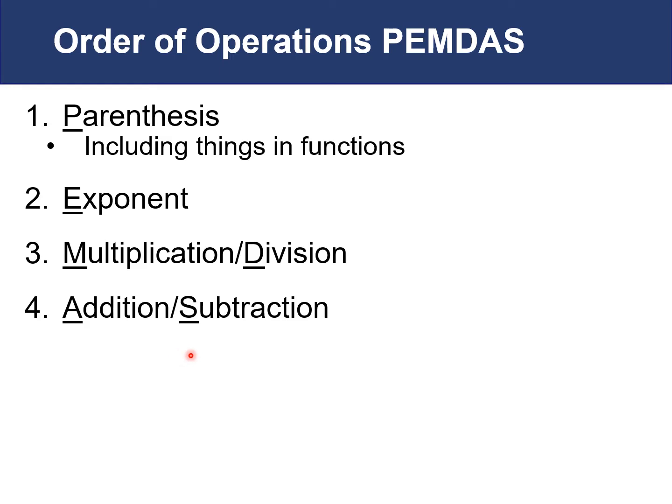This is the order that you will go in. First, you will do things in parentheses. This includes functions such as the sine, cosine, or different mathematical functions. Then you'll do things that are in the exponent, then multiplication, division, addition, subtraction. And when there's multiple things that are all addition, subtraction, you work from the left to the right.